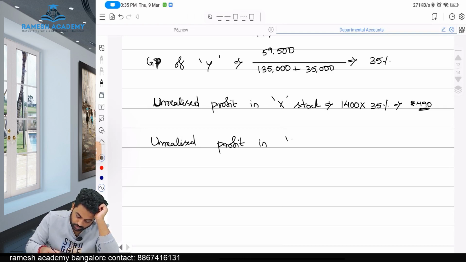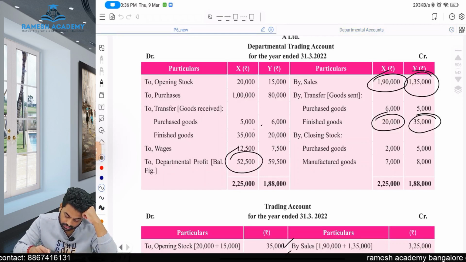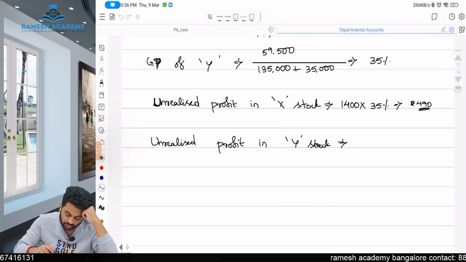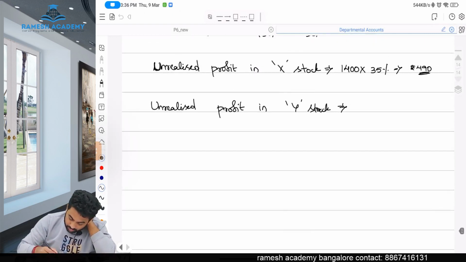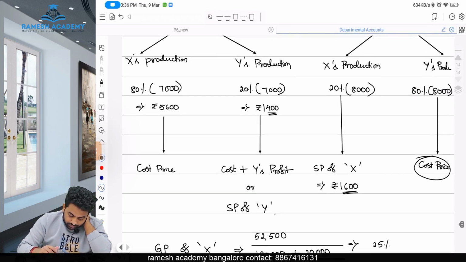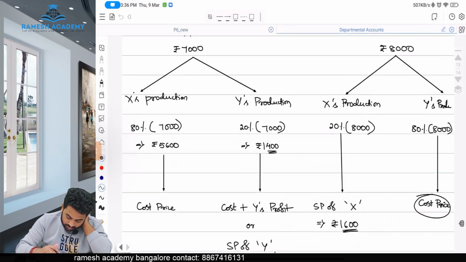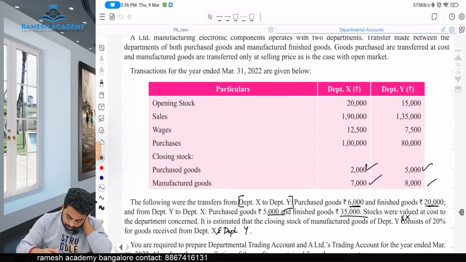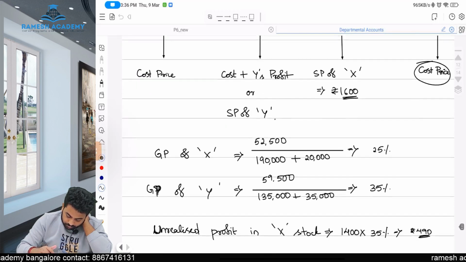Now the unrealized profit in Y's stock. How much is the closing stock in Y, I mean only to the extent of how much is received from X? It is 1,600 rupees. X is keeping a profit of how much? We calculated it somewhere, no? Here only.